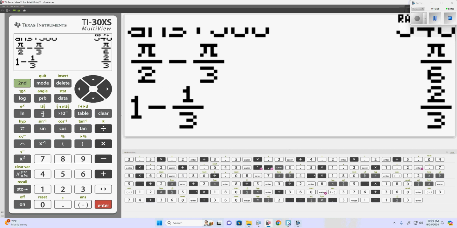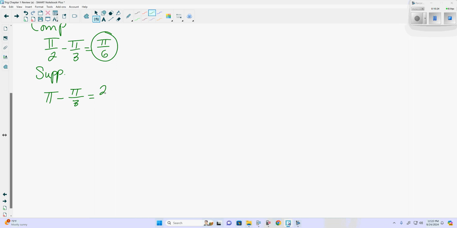Pi minus pi over 3, it's going to approximate pi to 3.141. But if I do it here, 1 minus 1/3 is what? So it should have pi, yes? So it's actually 2 pi over 3. Because with addition and subtraction, the first one we could have done 1/2 minus 1/3 and got 1/6 or pi over 6.